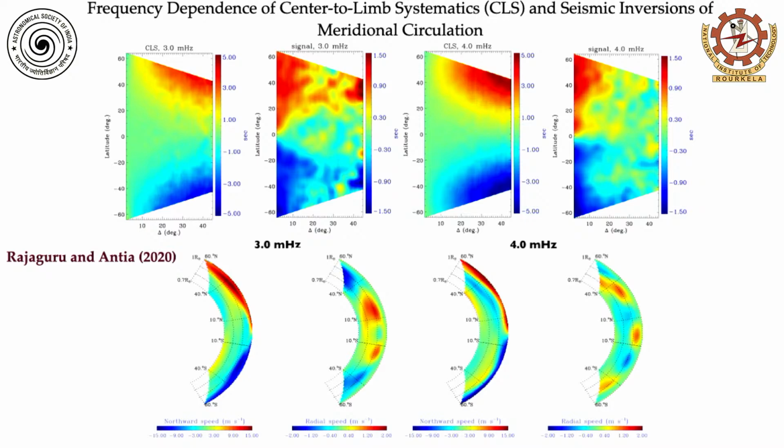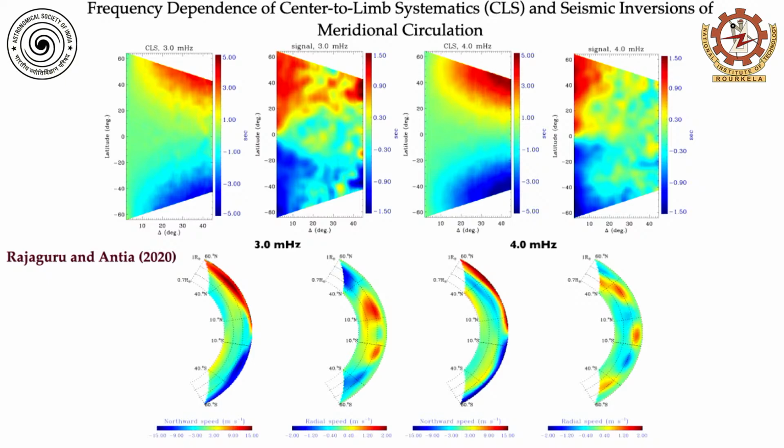At 3 millihertz, as you all know, the solar oscillation varies from about 1.5 millihertz to 5 millihertz, the standard normal modes. If you use different bands of frequencies to measure the meridional circulation, I found that at 3 millihertz you get a single cell, but if you use a slightly higher frequency, you get a double cell, just like what the earlier authors have published.